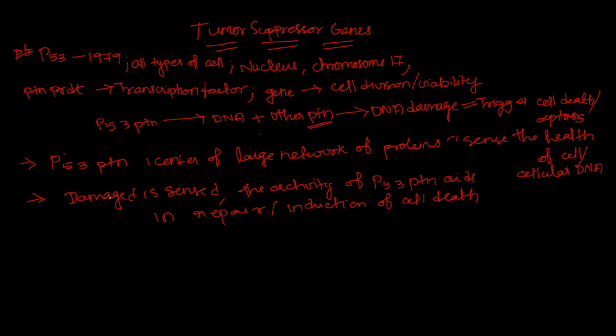So this protein stays along with a large network of proteins which sense the health of the cell or its cellular DNA. If they find any defect in the cell or its DNA, P53 will first see whether it has to be repaired, and if it thinks it cannot be repaired, it will allow the process of cell death.